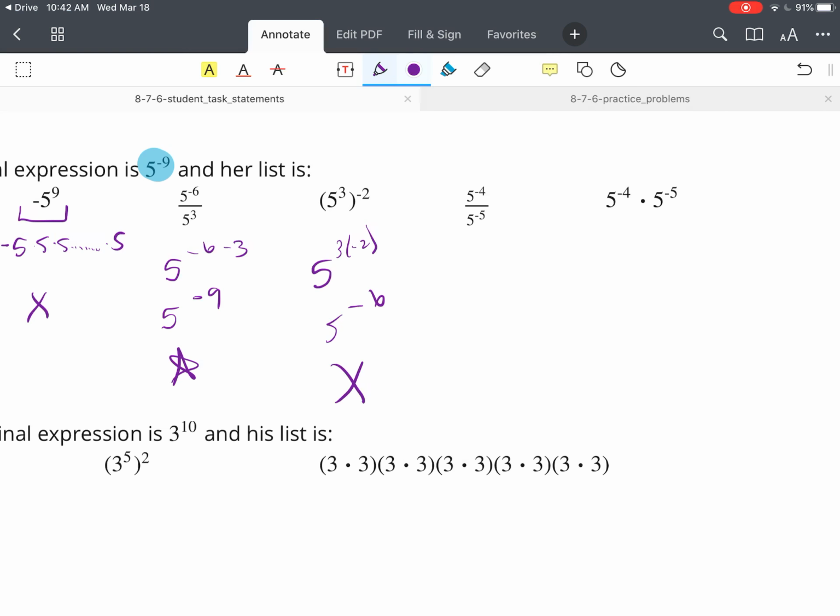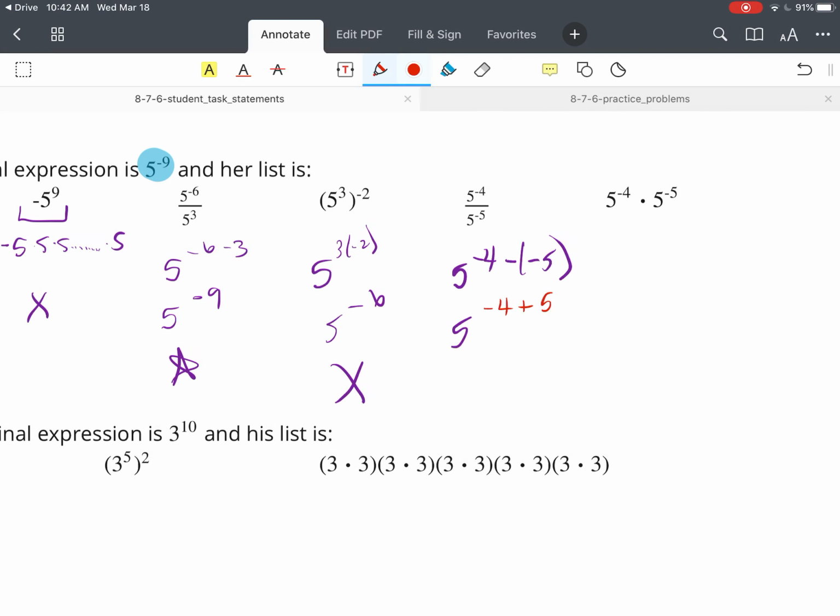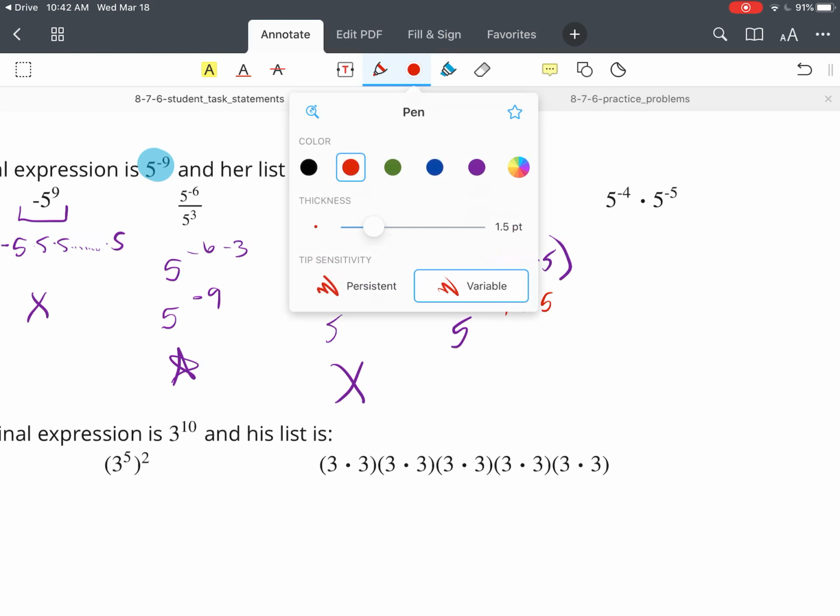5 to the negative 4 over 5 to the negative 5. We're dividing exponents, so what do we do? You subtract them. It's a minus minus, so it becomes a plus.